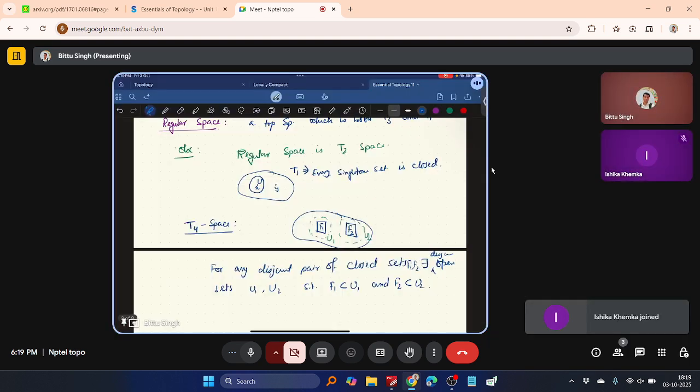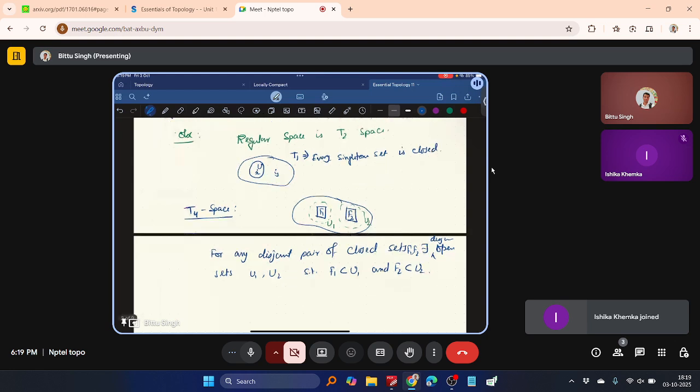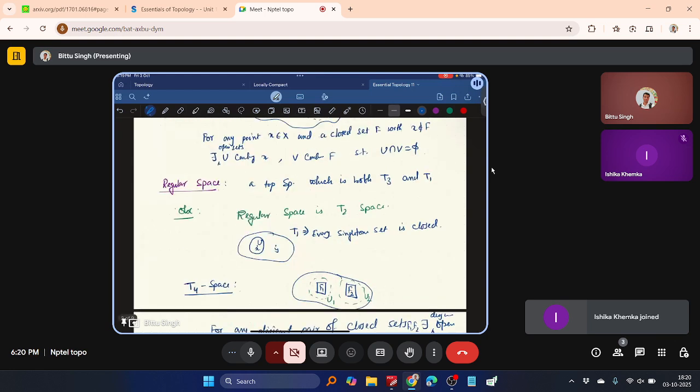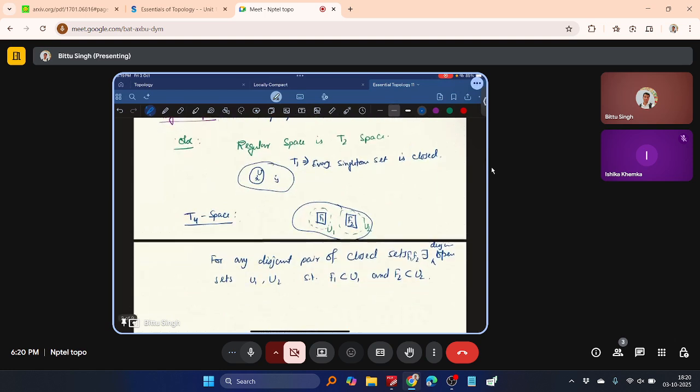Similar to the regular space, T4 may not imply Hausdorff. Similar kind of issue, a point may not be closed. If we assume the space is also a T1 space, then we will call it a normal space.